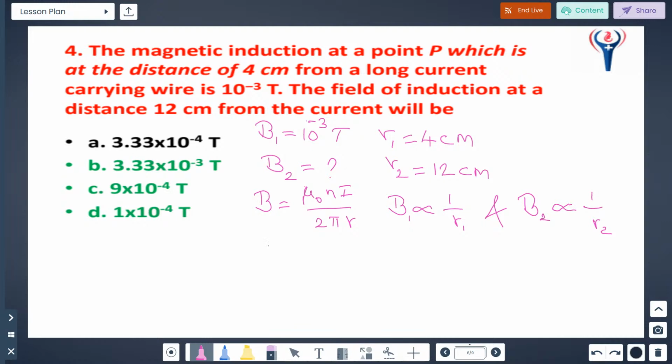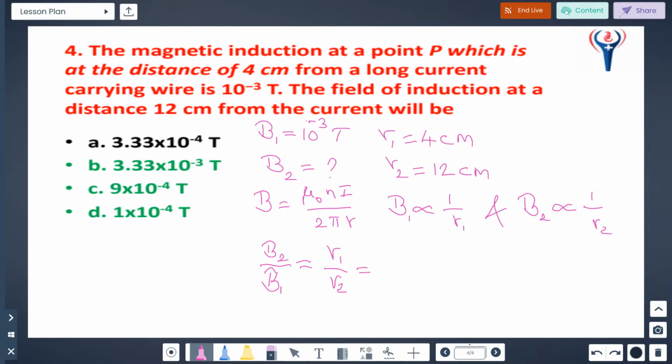B2 by B1 equal to R2 by R1 or R1 by R2. That is, B2 is inversely proportional to R2, B1 is inversely proportional to R1. B2 is inversely proportional means R1 by R2.